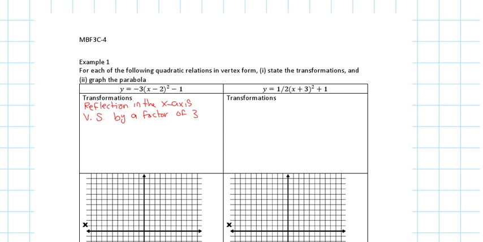Okay? What does the 2 do to your graph? Horizontal. Which way? Horizontal translation, 2 units to the right. Remember? And what does the -1 do?